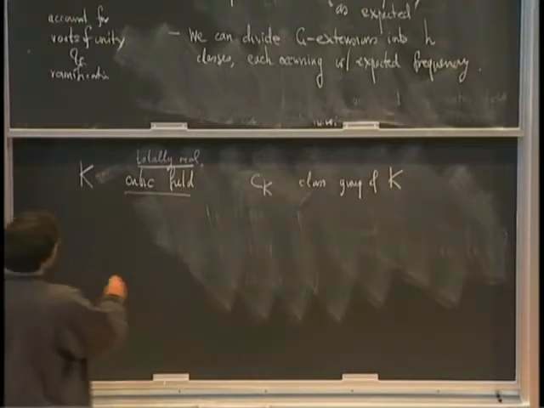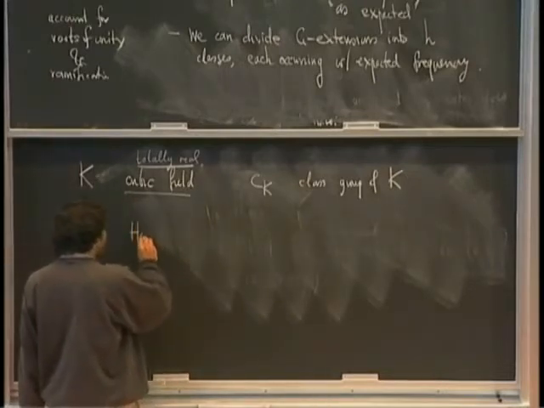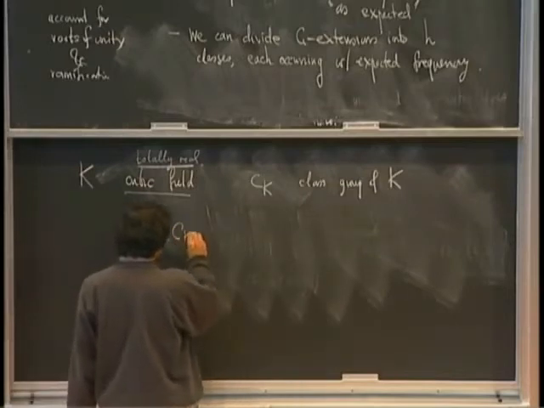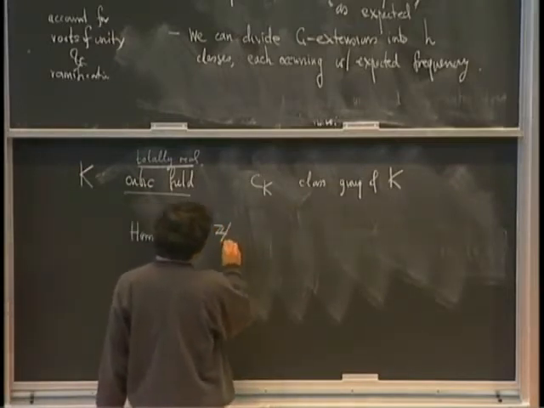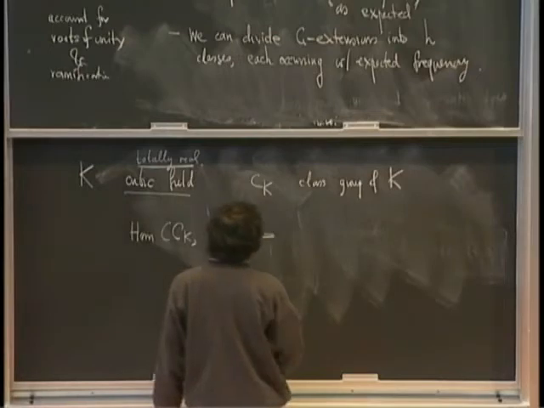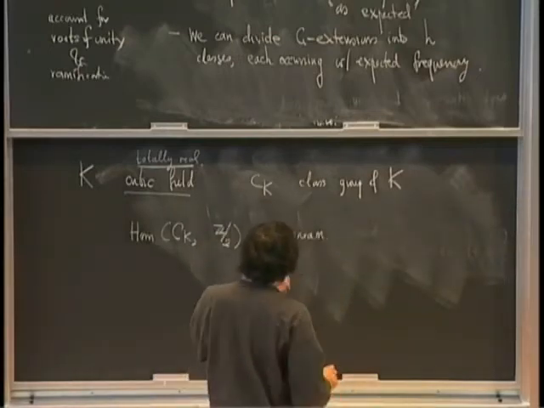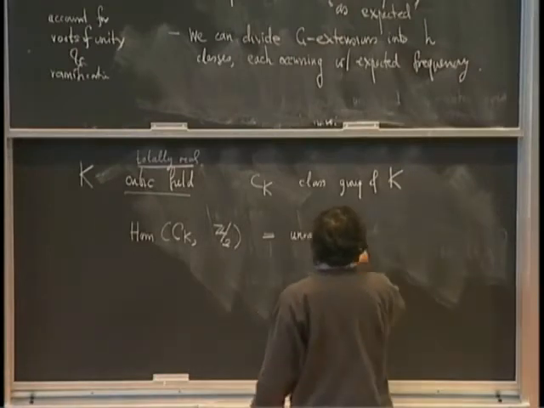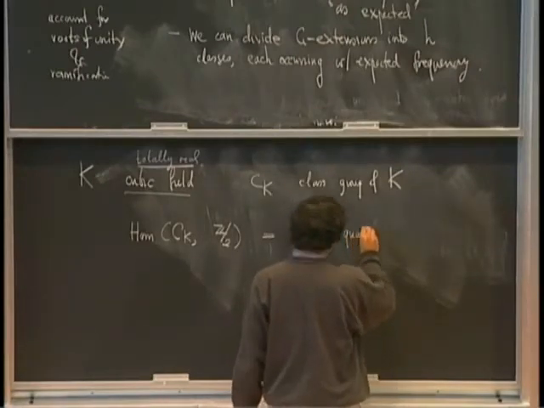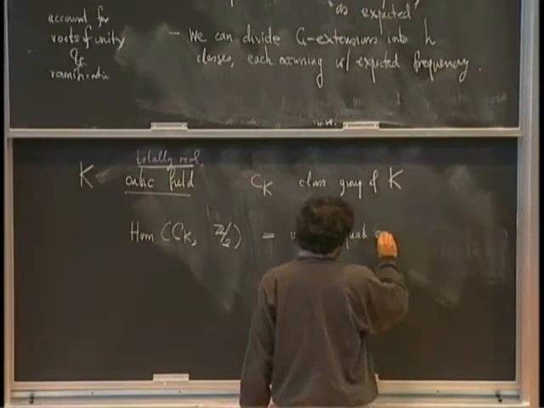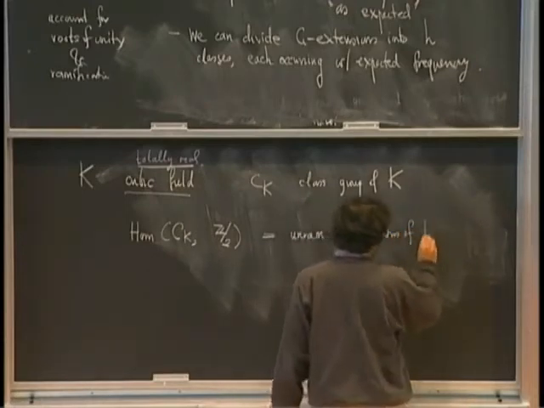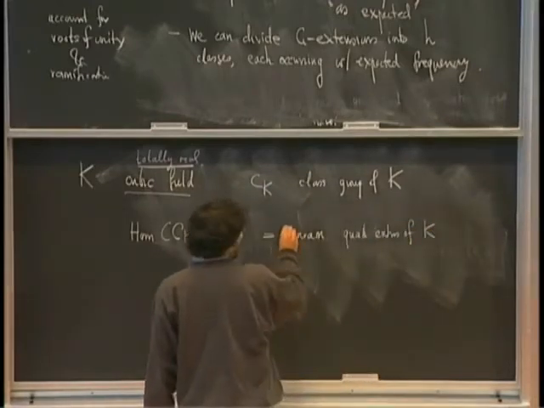Okay, so homomorphisms from, say, the class group to Z mod 2 parameterize unramified, including at infinity, unramified quadratic extensions of K, by class field theory.